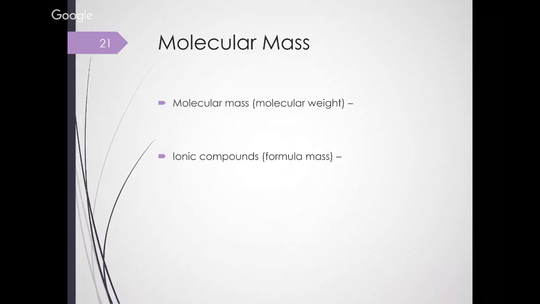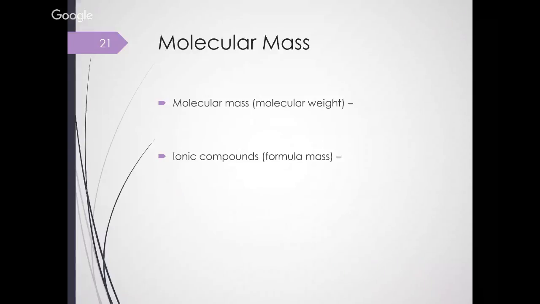And the very last part of this chapter is looking at how we can find how much a compound weighs. So we talk about molecular mass, which we can interchange by saying molecular weight. So the molecular mass is looking at, for a compound that is covalent, how much each of these atoms weigh. I'm going to add them up, and that tells me my weight.